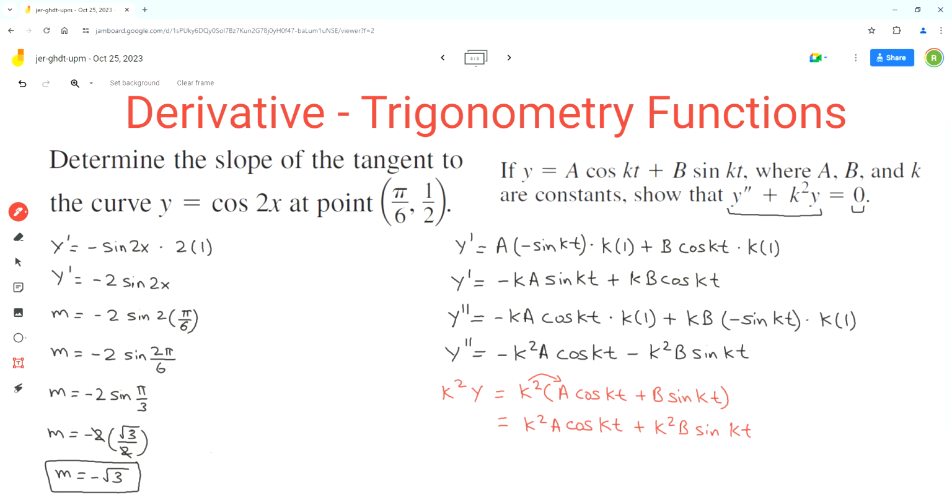Now we can sub in these expressions for the second derivative of y and k square y in the given statement that we have to prove. So this is the statement we have to prove.